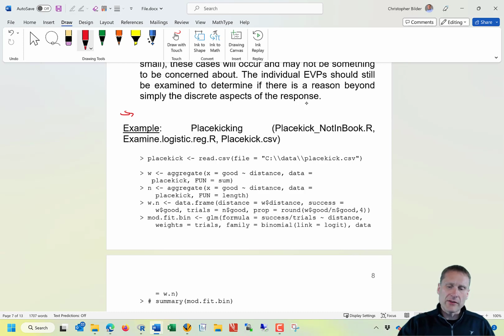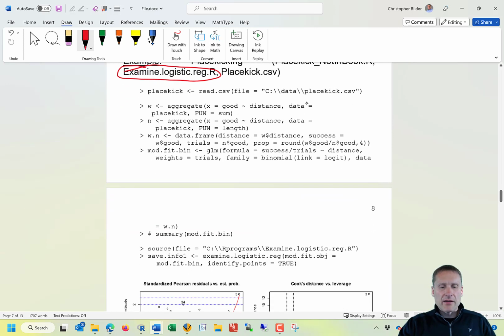Okay, so we're going to go back to the place-kicking data set. My examine.logistic.reg program is in that particular file there. Similar to what we've done before, read in the place-kicking data set and change it to EVP form.